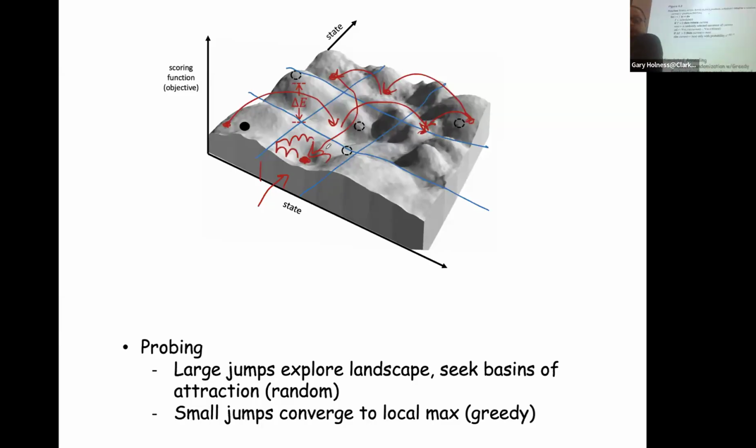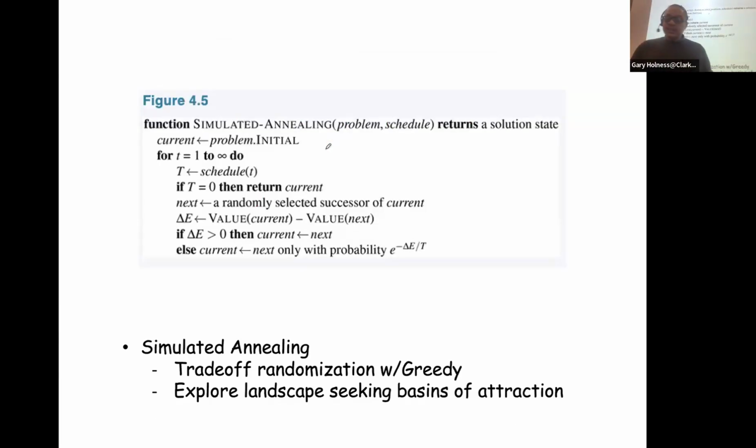Okay. All right. So this is the pseudocode for simulated annealing. And again, simulated annealing is more like a family of approaches. It's not just one way of doing it. And so the idea then is you have some schedule or way of varying your temperature.